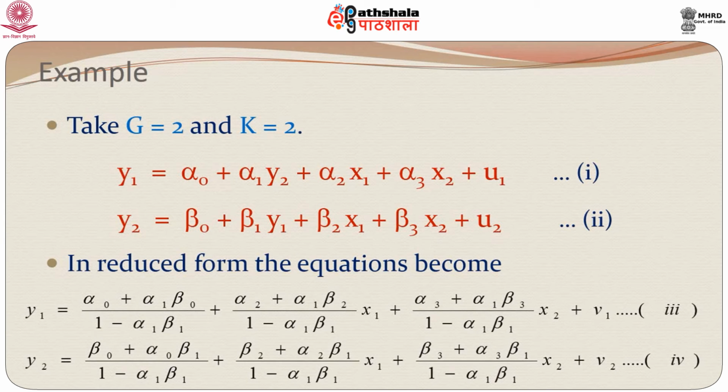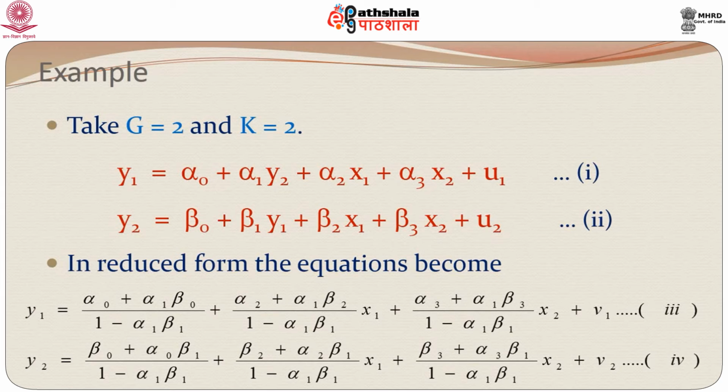Now, in the reduced form the equations become y1 is equal to this expression in 3 and y2 is the expression in 4. How did we get this? This is simple. Take y2 from 2 and substitute it in place of y2 on the right hand side in 1, and then you solve for y1, because once you substitute for y2 it becomes a function of y1, x1, x2, and then you simplify and write it in terms of y1.